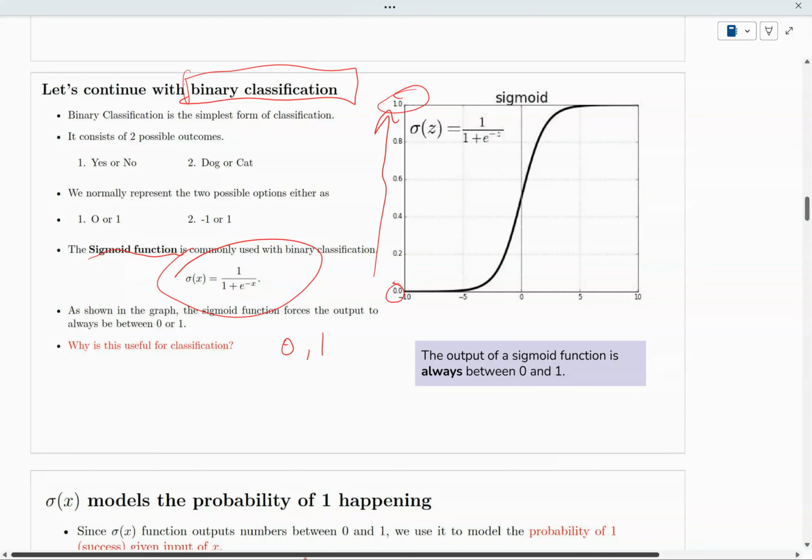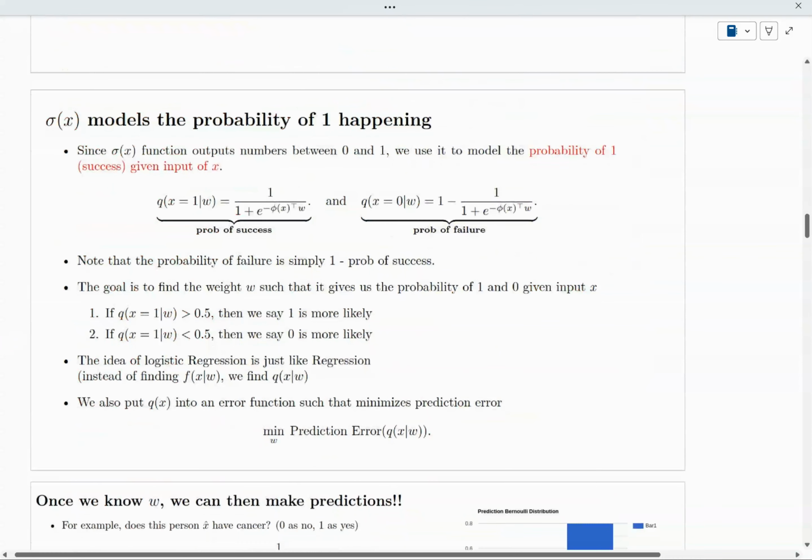Now, why? We show in the graph that no matter what point you pick, you're always going to get a value between 0 and 1, and you want to take a second and think why that would be helpful for classification, right? Well, it's because this sigmoid function can model the probability of one happening, because the probability of something is always a number between 0 and 1.